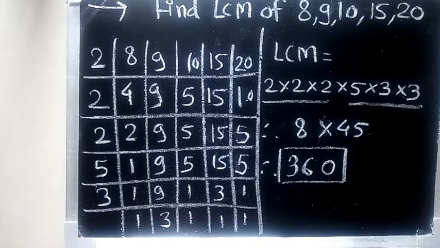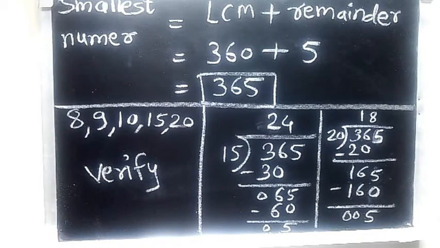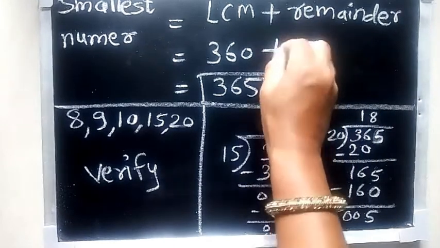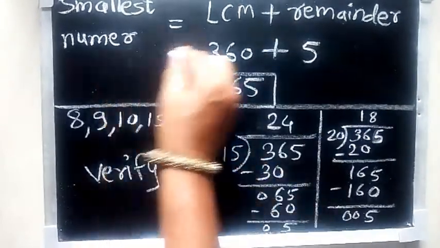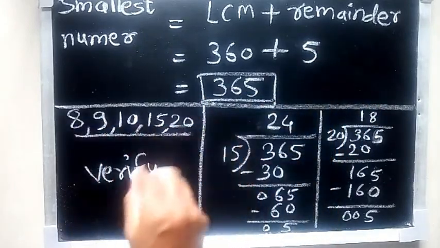LCM is 2 into 2 into 2, 5 into 3 into 3, 360 is the LCM of these numbers. To find the smallest number, LCM plus remainder. LCM is 360 plus 5. Answer is 365.